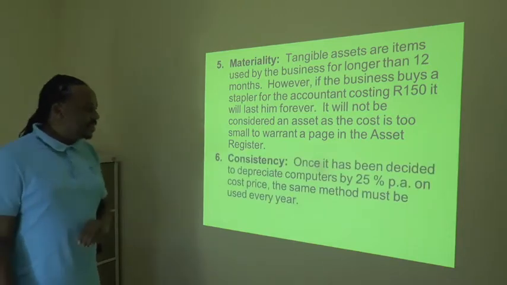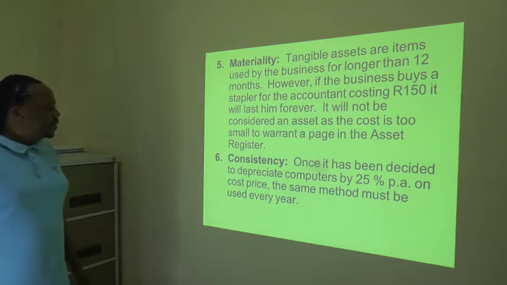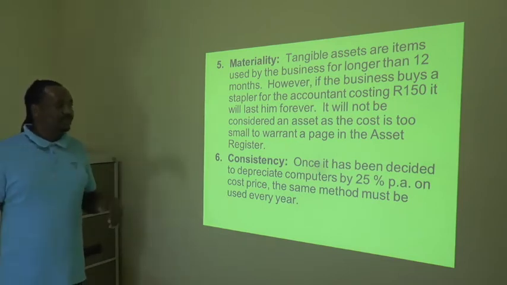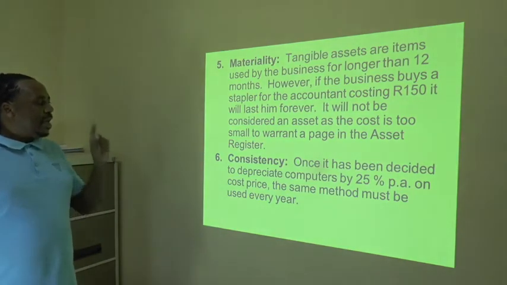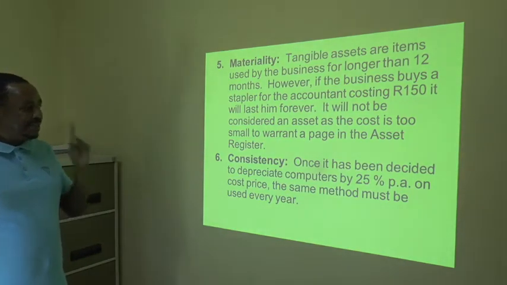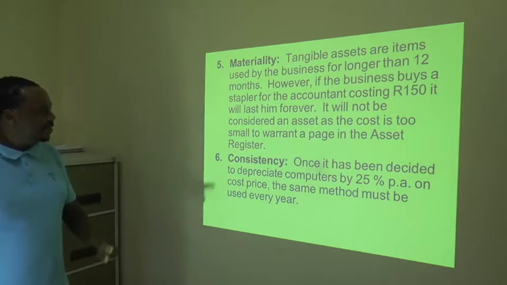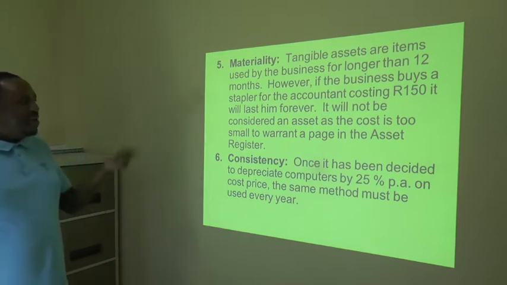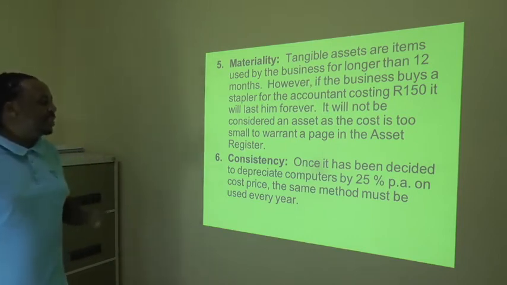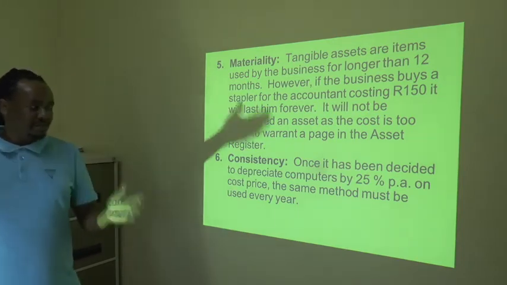The consistency. This is another GAAP principle that you need to also take into account. For example, once a certain percentage or method for depreciation has been decided, we must be consistent toward that method.